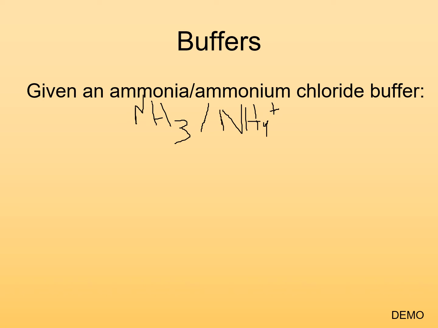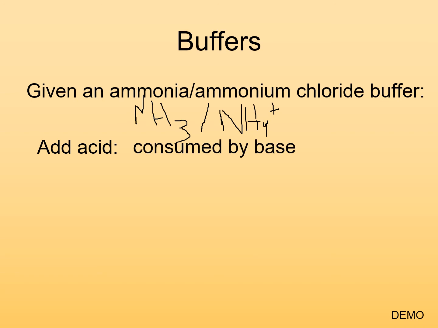And this will react the same way. Whenever we add an acid, it's going to be consumed by the base. So remember, our base here is the ammonia, so the NH3.